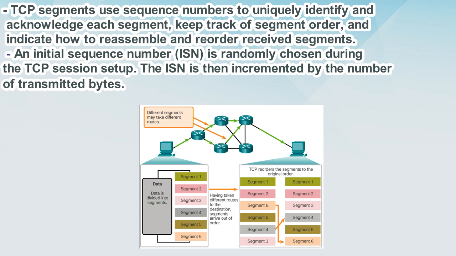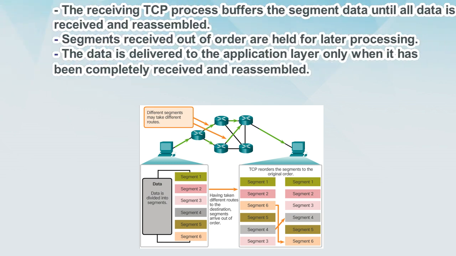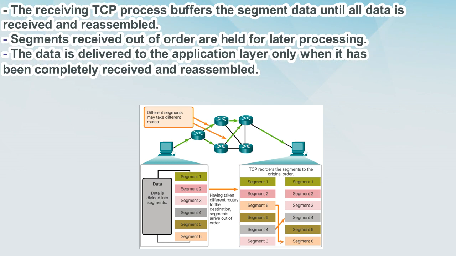The ISN is incremented by the number of transmitted bytes. The receiving TCP process buffers the segment data until all data is received and reassembled. Segments received out of order are held for later processing. The data is delivered to the application layer only when it has been completely received and reassembled.